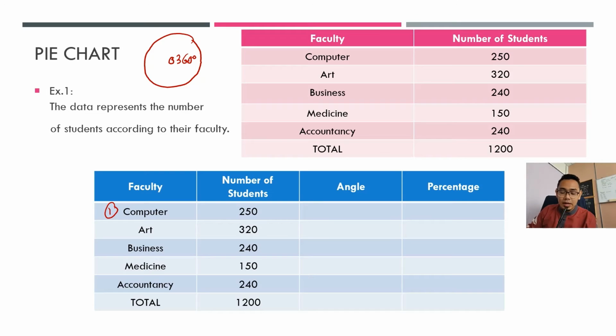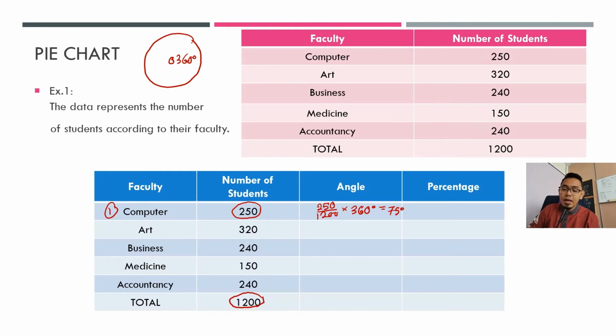We take the value, which is 250, divide by the total number of students, 1,200, and multiply by 360 degrees, the degrees of the circle. When you calculate this, you get 75 degrees.